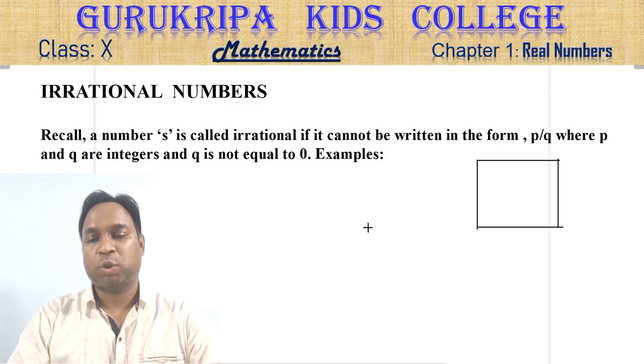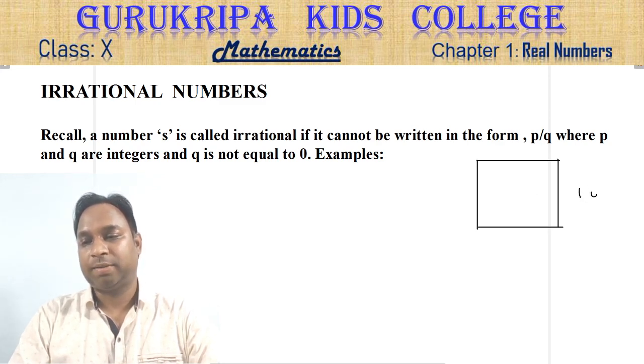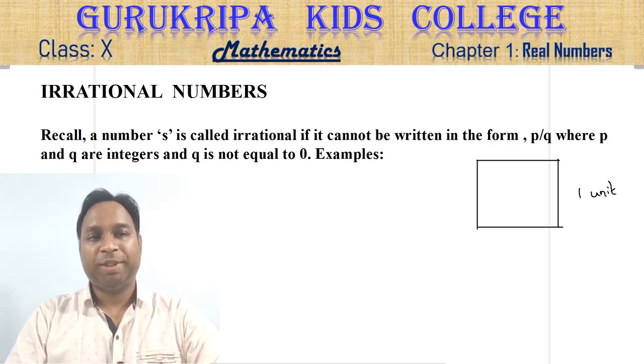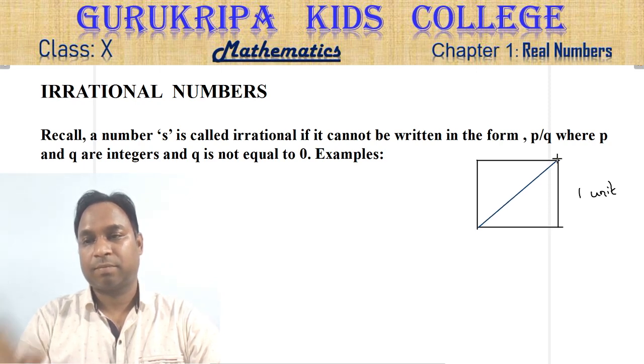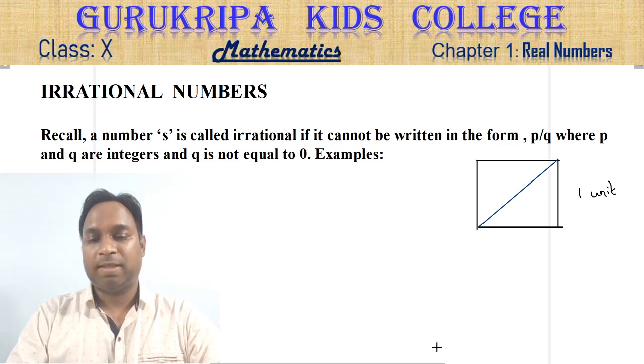Let's say I draw a square of side 1 unit, be it 1 centimeter, 1 meter, 1 inch, or whatever. 1 unit. And I join the diagonal. Now, what is the length of the diagonal?